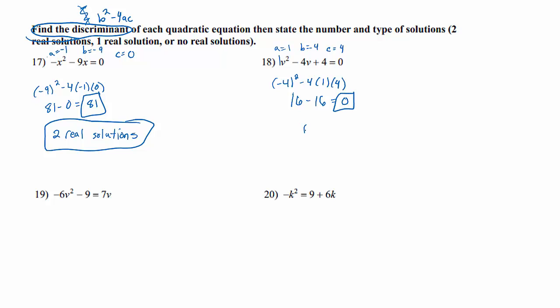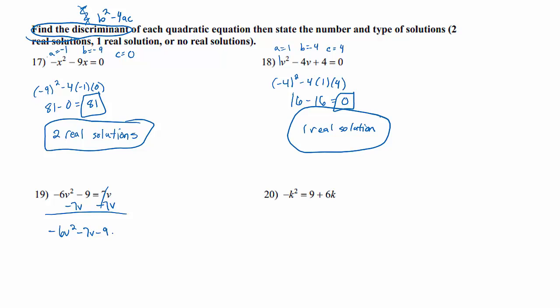And then on these last two, it looks like we've got some moving around to do. Make sure when you subtract 7v that you know that it goes in the middle, not at the end or the beginning, because standard form is squared, not squared, and number. And so A is -6, B is -7, C is -9.